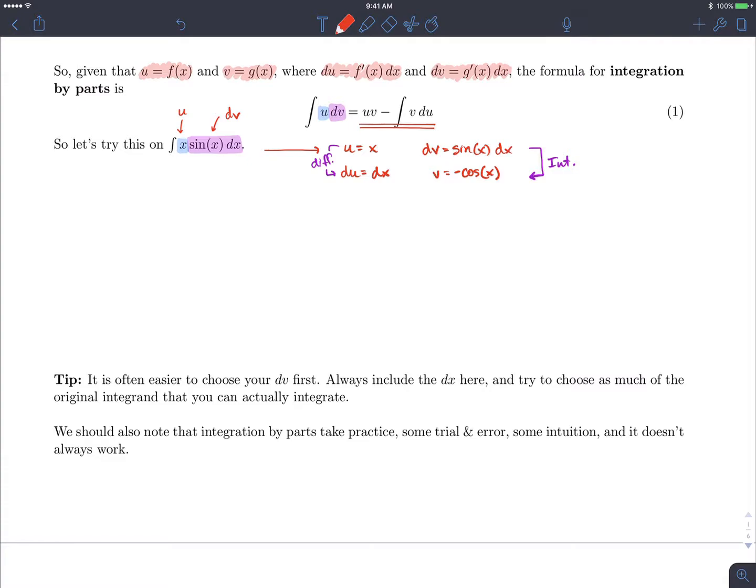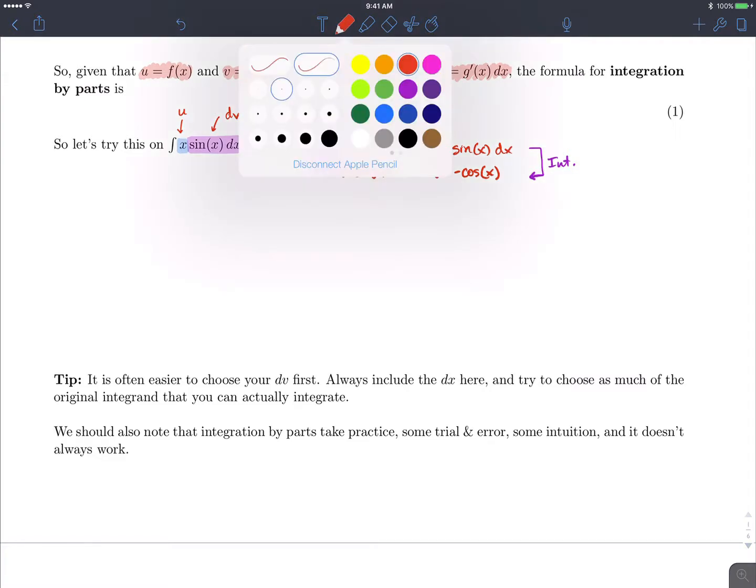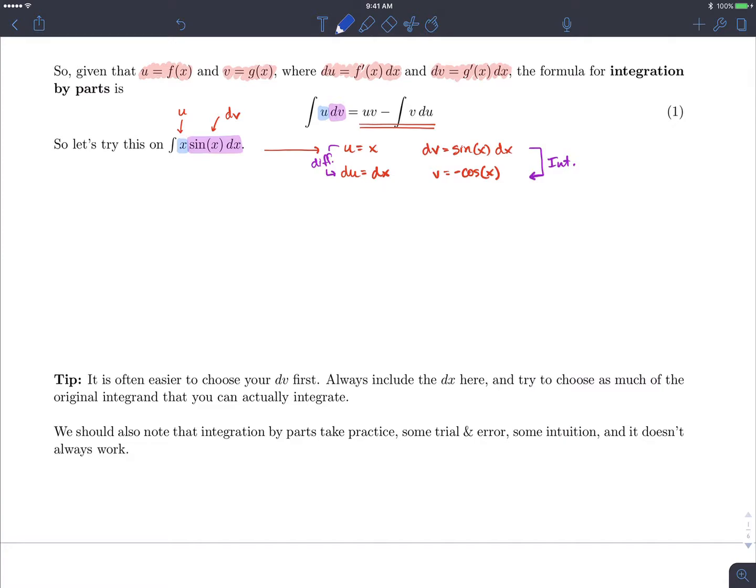Now all we have to do is put all of these pieces together. If we go back to the original integral, we've got the integral of x times sine of x dx, and we know that this is going to be equal to u, which is x, times v, which is negative cosine of x, minus the integral of v, which is negative cosine of x, times du, which is just dx.